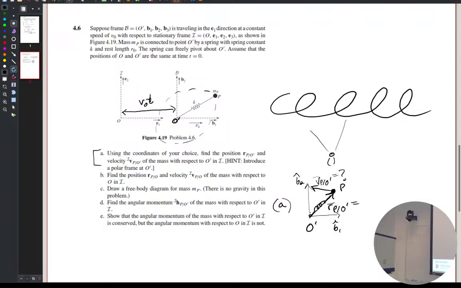What is motion? So those would be our position.